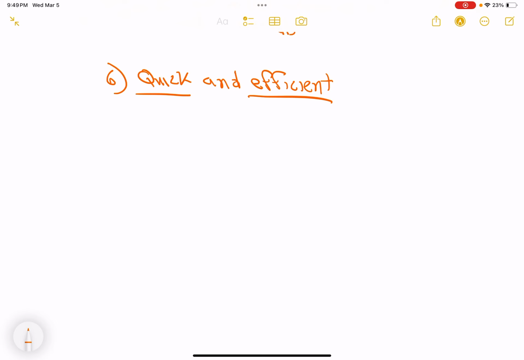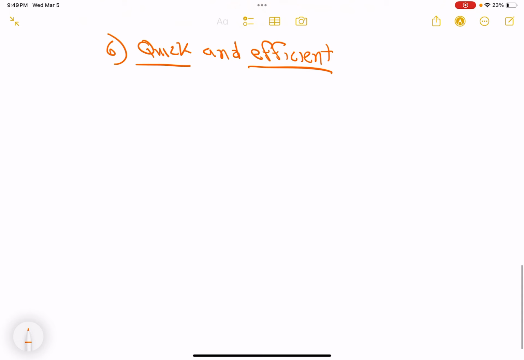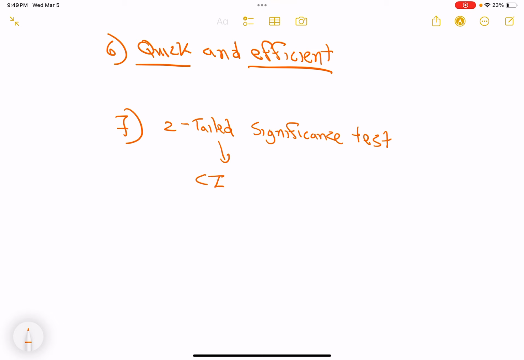The other thing I want you to know alongside that, and we'll call this part 7, is that if we are doing a two-tailed significance test, that is the equivalent, and I brought this up a moment ago, of a confidence interval at the same level.